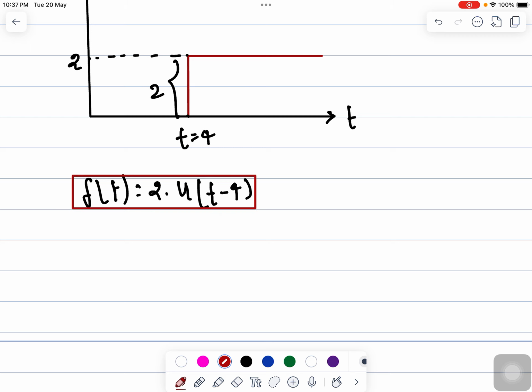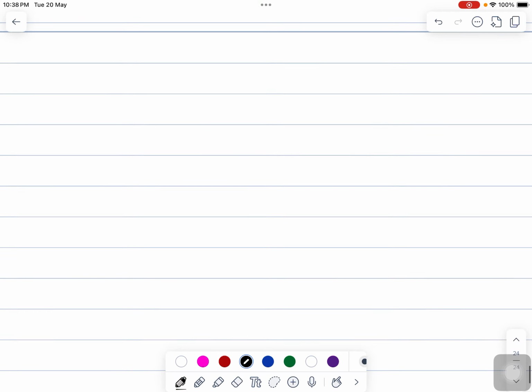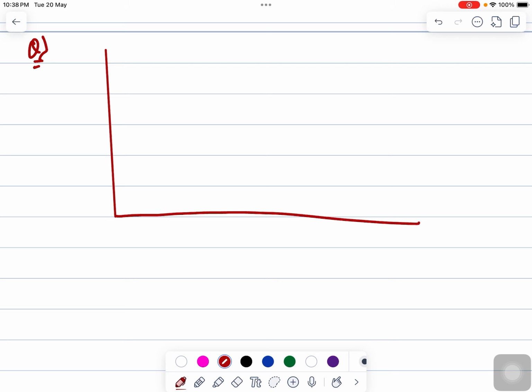Okay, this is one part. Now there may be another question that you can solve here. So let's try to solve another problem on the next page. Here you can see the plot of the function looks like this. So if this is your f(t) and this is t, is that clear?